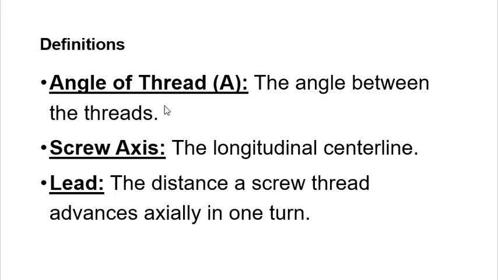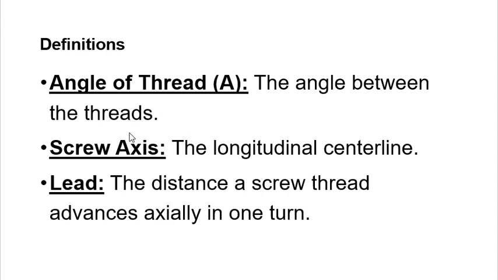Then we come into angle. We're measuring the angle between the threads. So where are the threads? The threads are the helical surfaces that you see on the fastener or screw. We have external and internal thread like that.